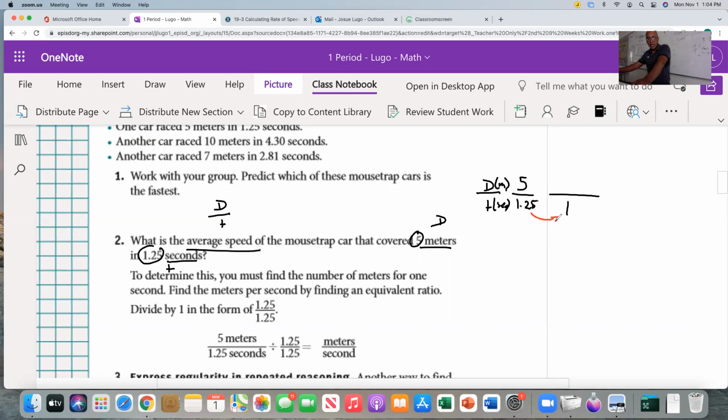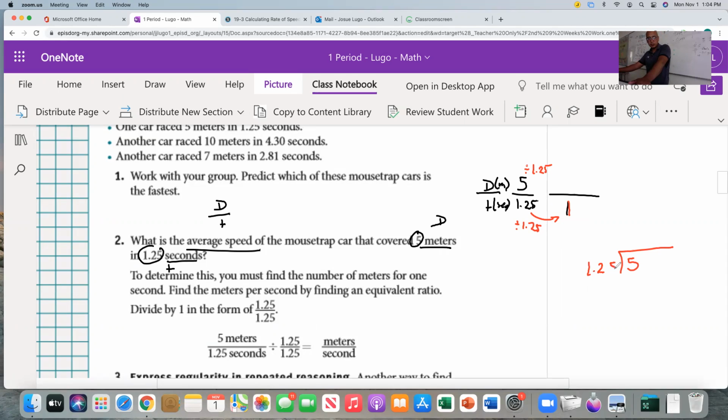Well, how do I get from 1.25 to 1? Remember, you can only multiply or divide. Well, as we did last week, anytime you have a number, if you divide that number by itself, so 1.25 divided by 1.25, that will give me 1. However, since I did that to the denominator, I'm going to divide the numerator by the same factor, 1.25. So we just need to do 5 divided by 1.25.